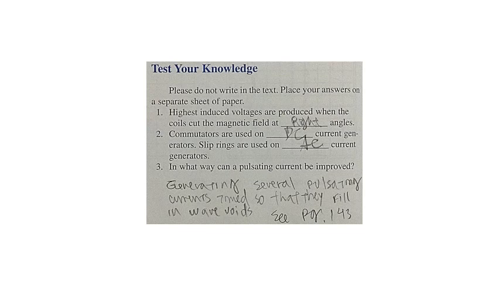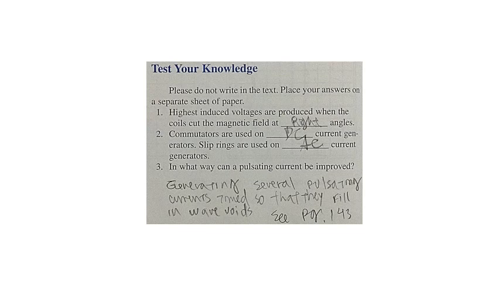Test your knowledge questions for this chapter. Number 1. The highest induced voltages are produced when the coils cut the magnetic fields at blank angles. That would be at right angles. Number 2.